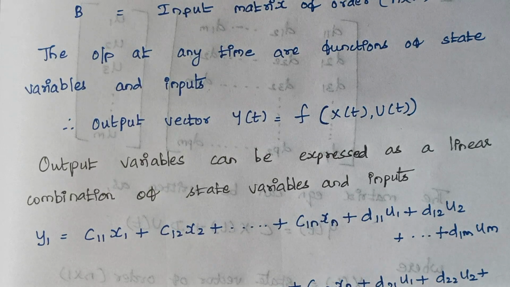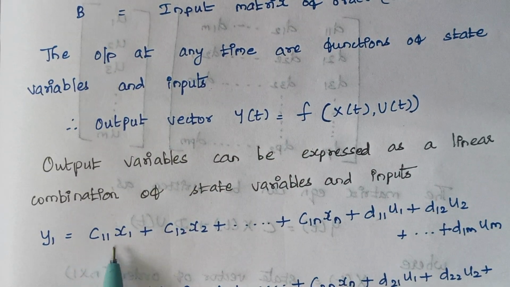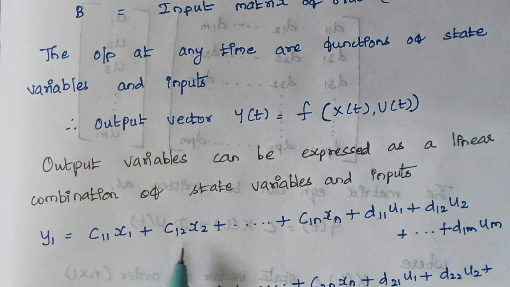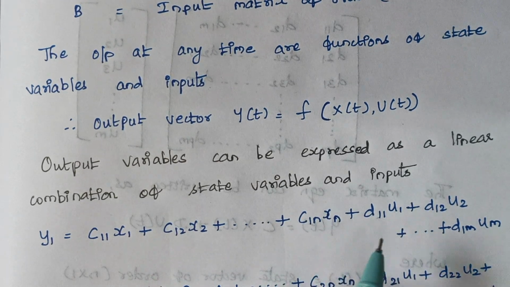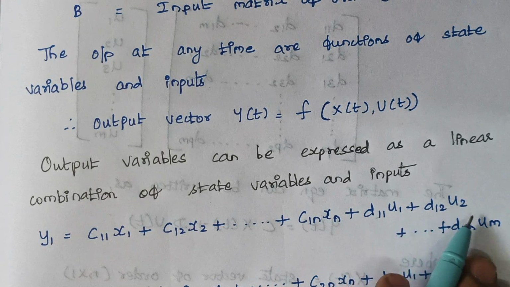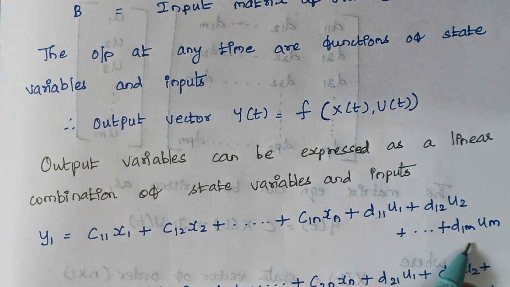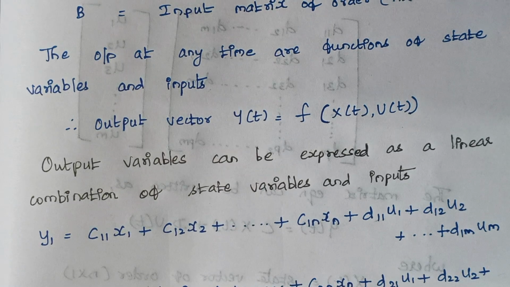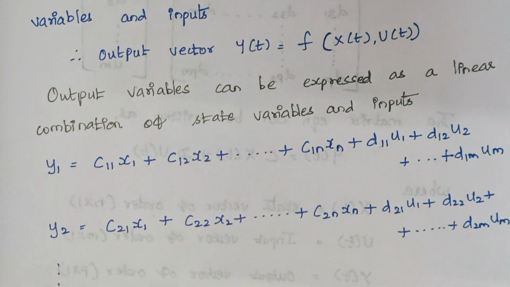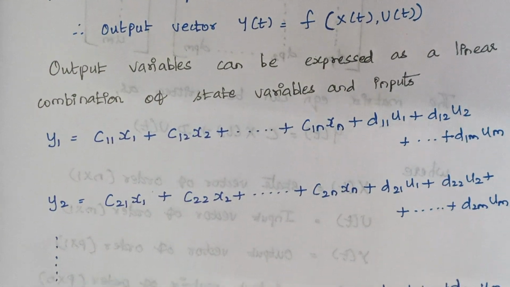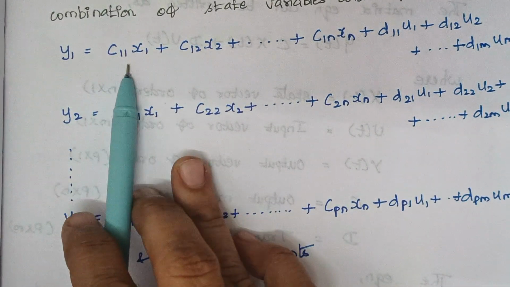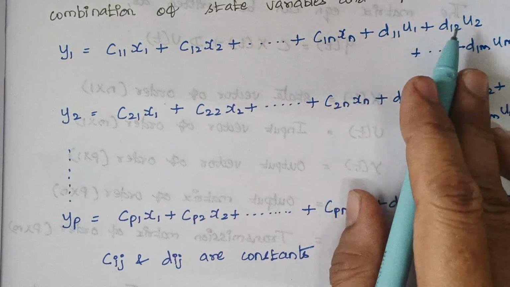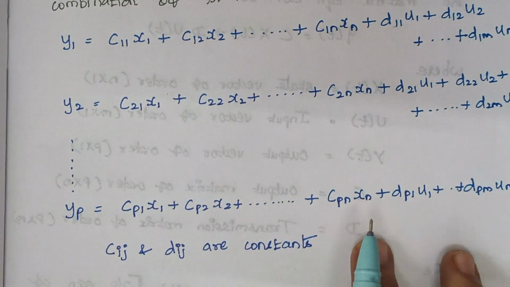Again, we are framing the expression for output. So here y1 is equal to c11 x1, c12 x2, and it goes on to c1n xn, plus d11 u1, d12 u2, and it extends up to d1m um, right? Likewise, we frame expressions for y2 and it extends up to yp. Here c11, c12, d11, d12 are constants.